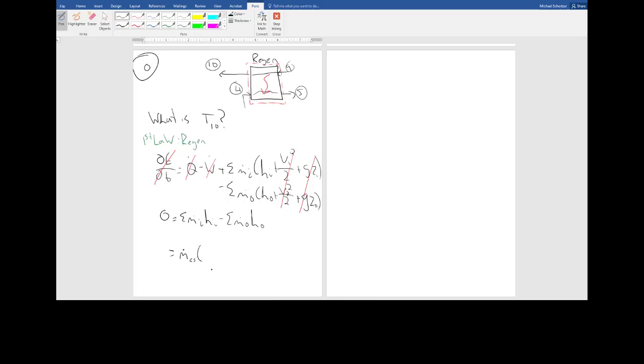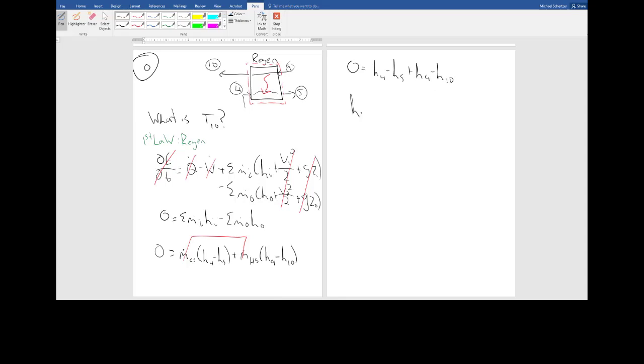This is going to be H in minus H out, so H4 minus H5, plus m dot on the hot side, H in is state 9 minus H out is state 10, right? But these mass flow rates are the same, so that part cancels out. So now I can get that 0 is equal to H4 minus H5 plus H9 minus H10.